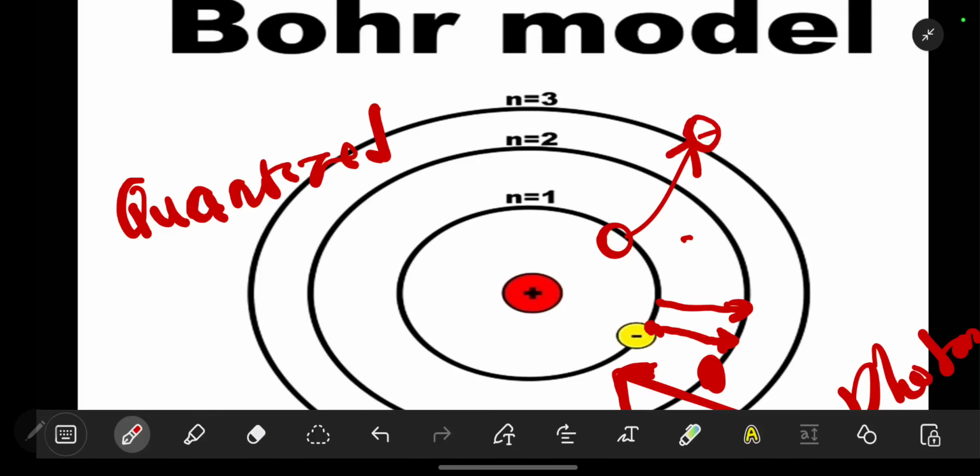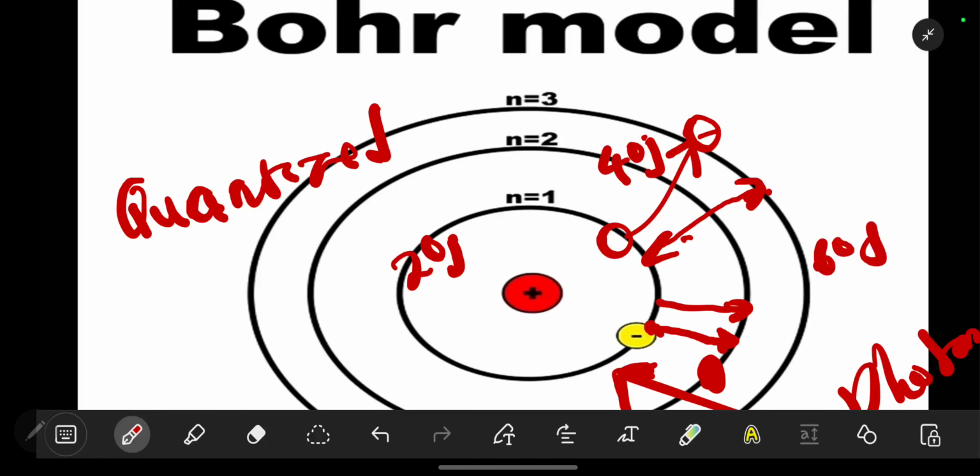has gained. If the energy gained is actually the difference between the two shells, it simply means the electron will jump to the shell with that energy difference. Let's say, for example, in this energy level the energy is 20 joules, then here it is 40 joules, then here it is 60 joules.